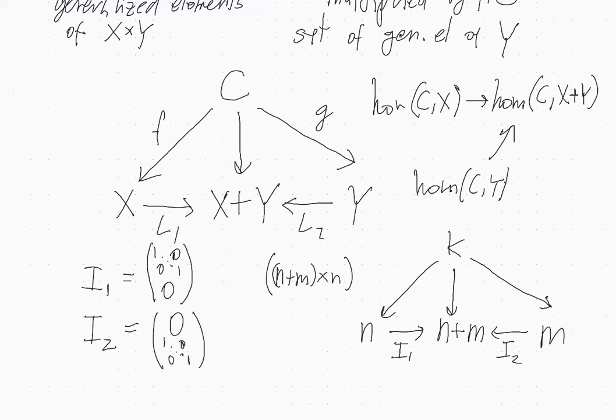So now when I compose some matrix A with I1, I will get a matrix of which shape? So I1 times A will equal. So it needs to be an n by k matrix, right? N by k matrix, so n rows and k columns. So because of the zero here, I'll have a bunch of zeros, right?